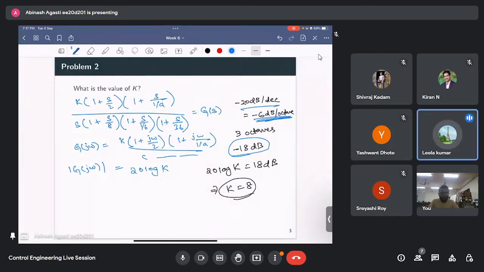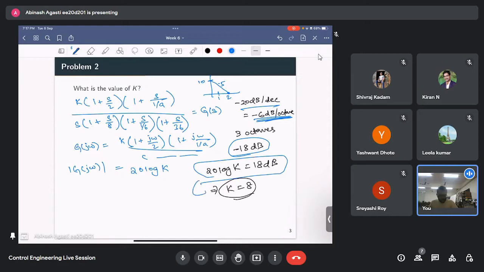So same thing, from this we can get the value of K.